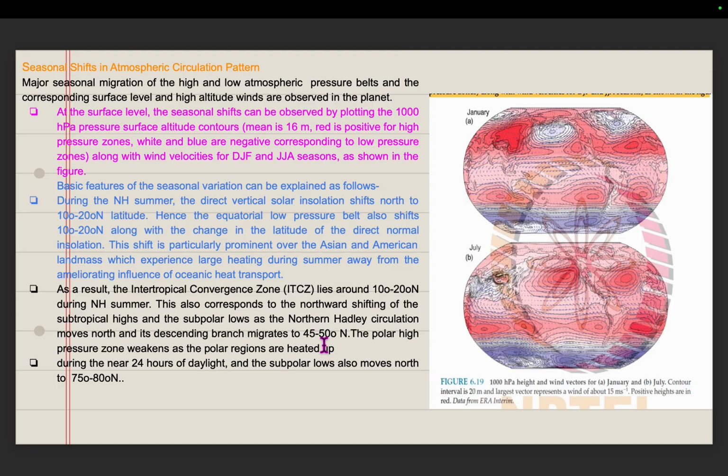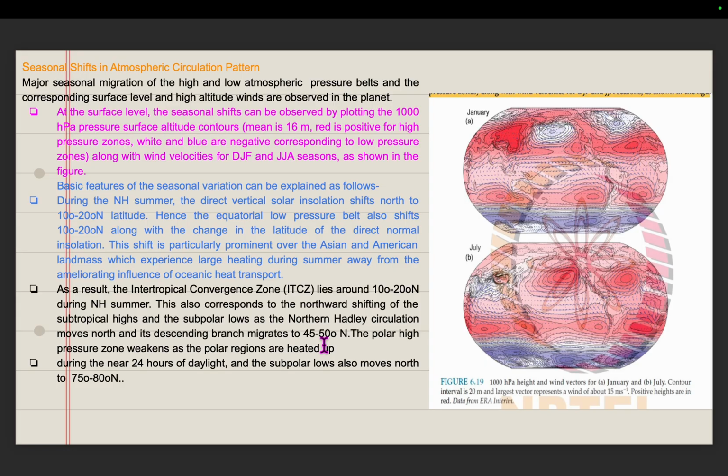In the normal case, you know that this Hadley circulation branch descends at about 30 degree north. But in the summer season of a hemisphere, there is a migration of the descending branch of the Hadley cell also.